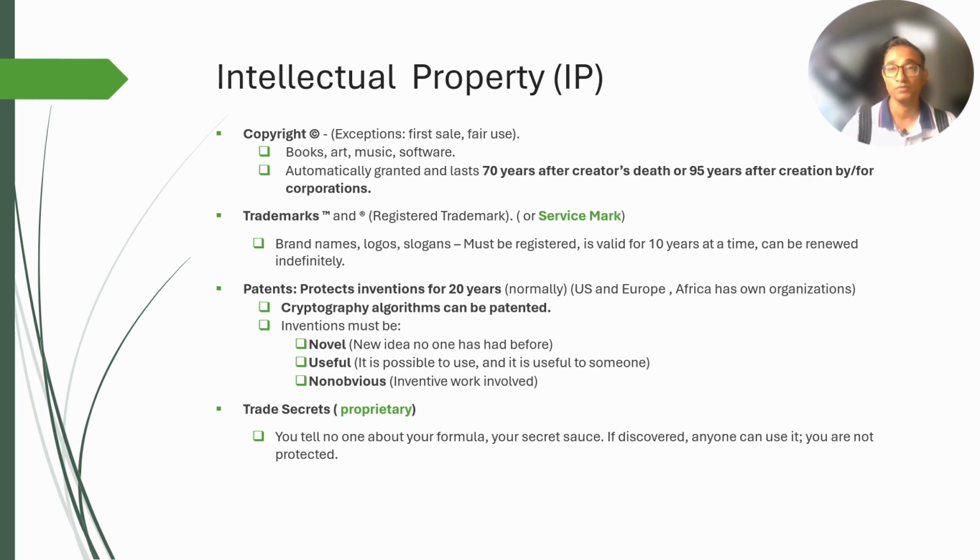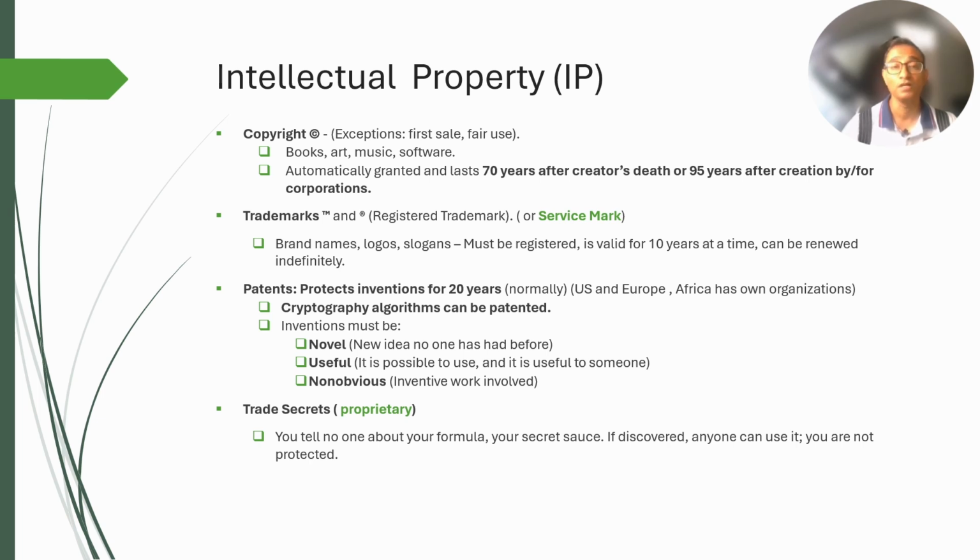Patents, for example, are more towards the scientific journals and articles related to that kind. They protect inventions for up to 20 years, and each of US, Europe, and Africa has its own organization which maintains the patent application.